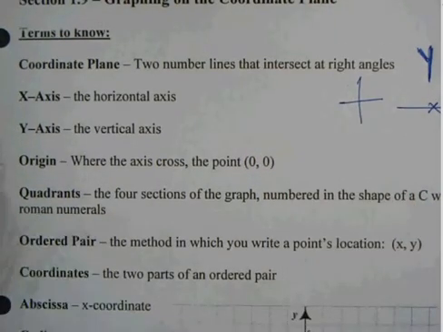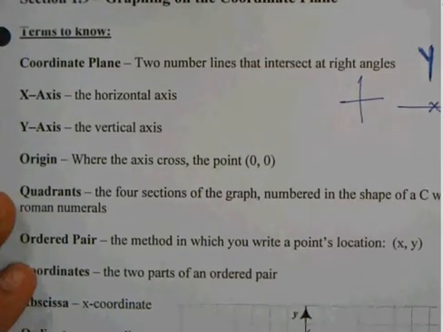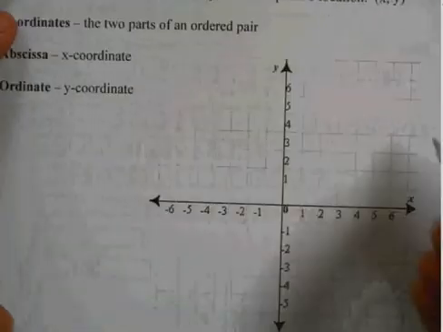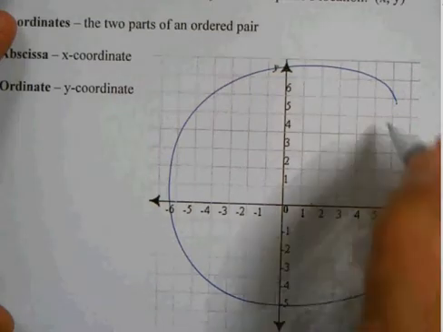Quadrants. Have you guys learned quadrants before? They go in what shape? A C. Take that coordinate plane at the bottom and draw a big light C through the whole thing. Where you started your C was quadrant 1. So here's my big C. That's quadrant 1.